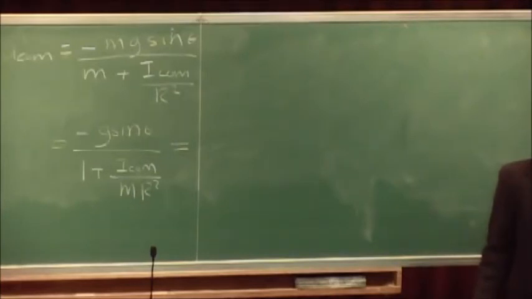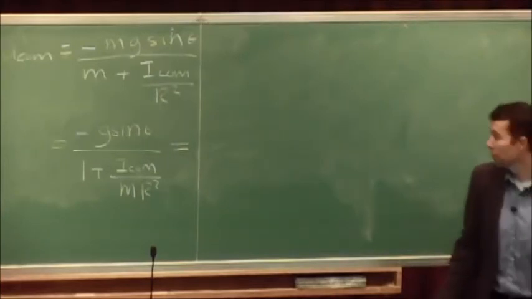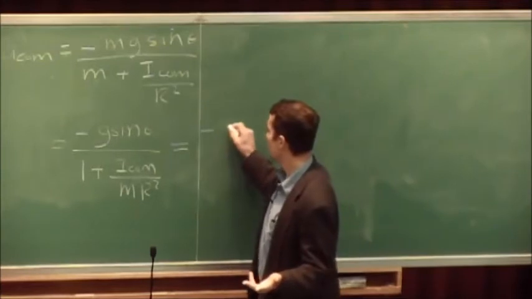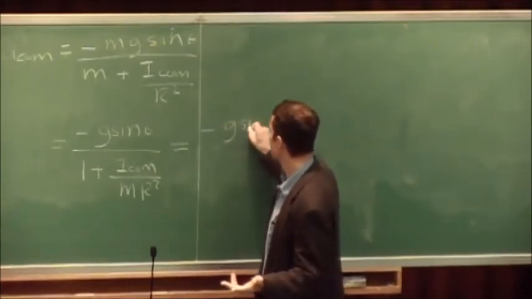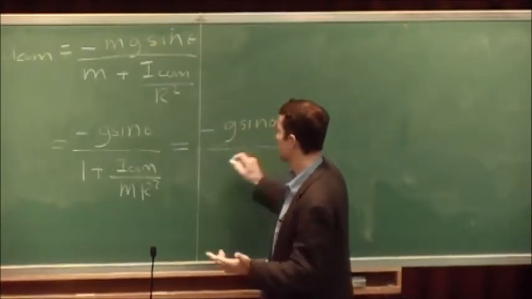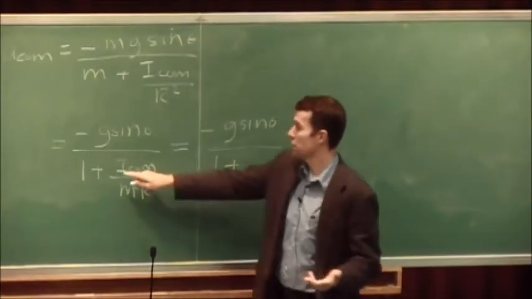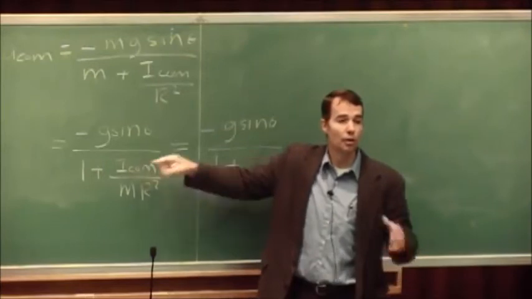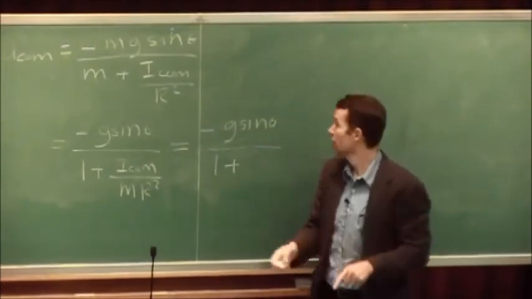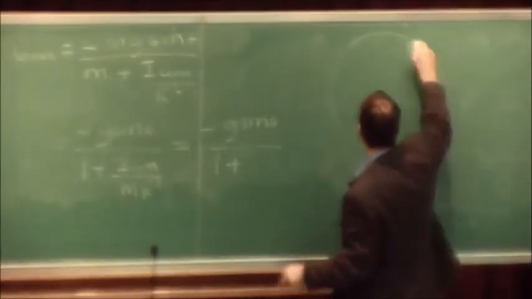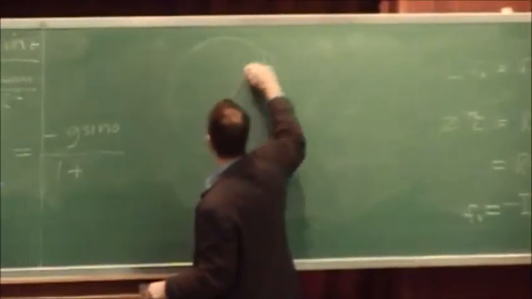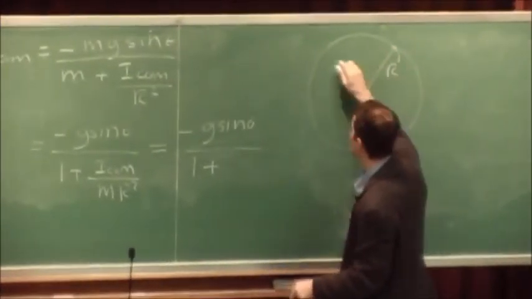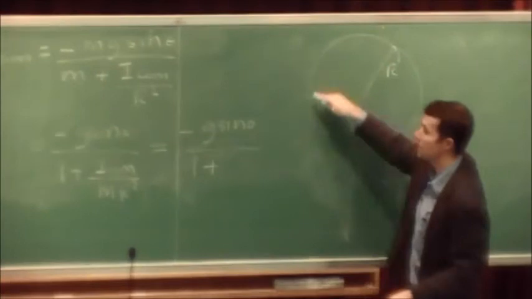Well, let's look at this closely for a moment. If I look at this, I have g sine theta over 1 plus. Now let's substitute in, for example, a hoop. Suppose I just had a big ring with all of the mass at a distance R, and this is just empty.